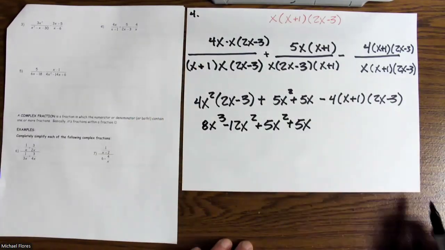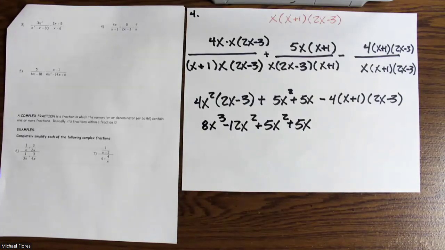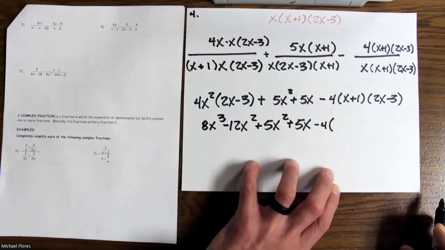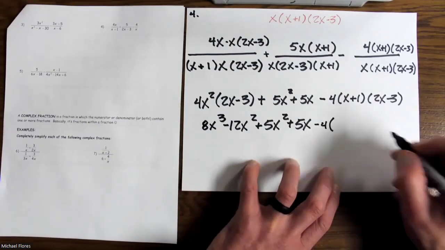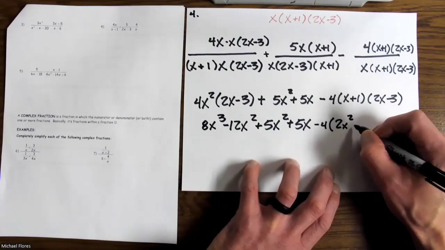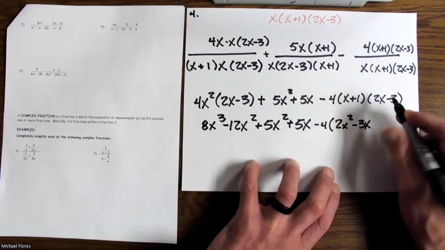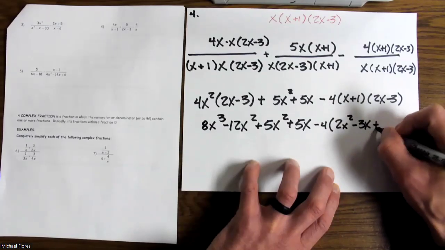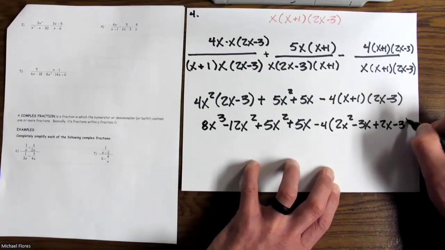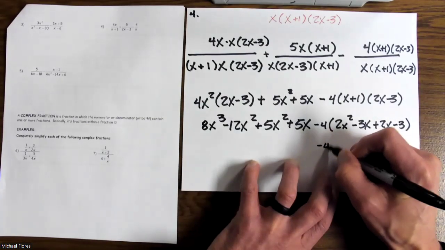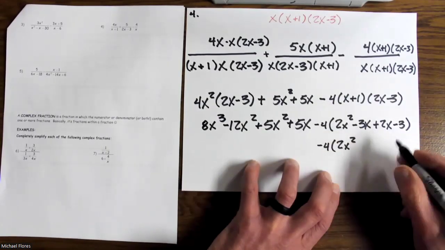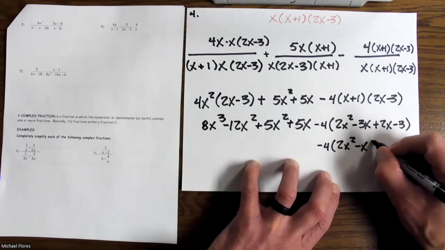Okay, now over here, I'm not going to distribute that -4 just yet. Let me bring that down. I'm going to start multiplying these two binomials here by foiling: x times 2x, x times -3, 1 times 2x, 1 times -3. All right, now combining like terms, -3x plus 2x is -x.